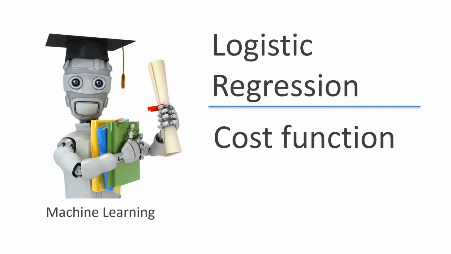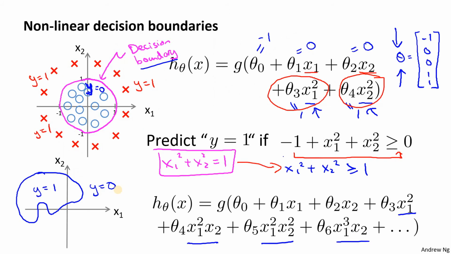So this was the introduction to logistic regression and how the decision boundary is used. In linear regression we use linear equations. Here we are using a linear equation in combination with the sigmoid function.